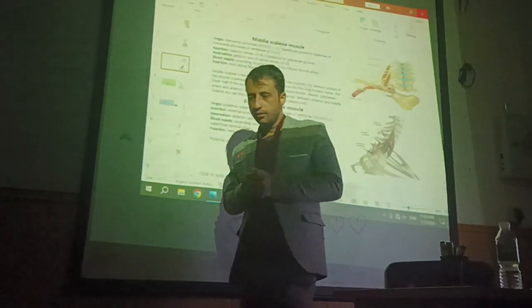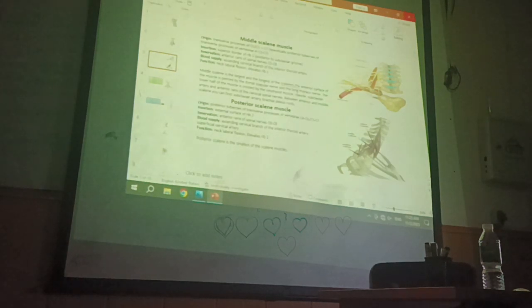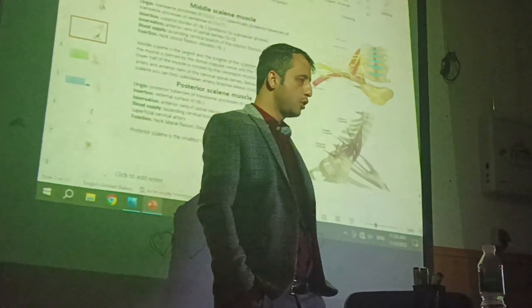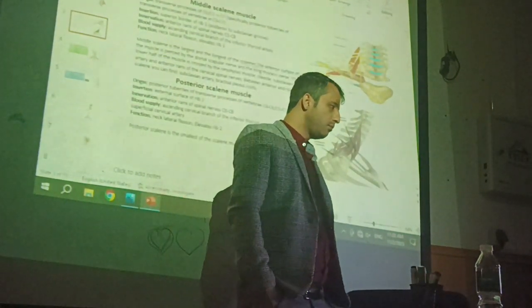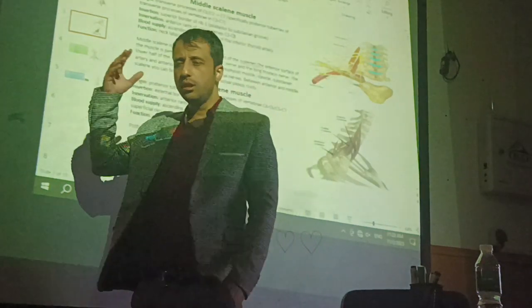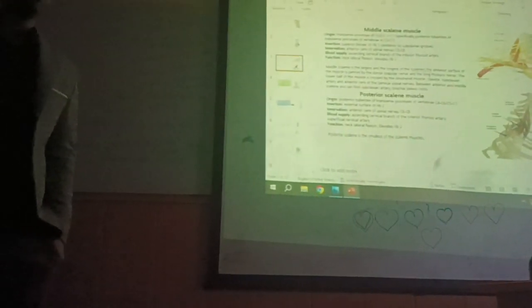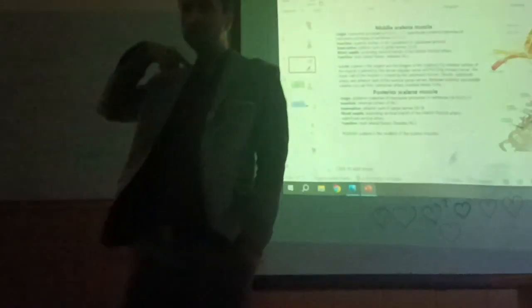Middle scalene is a large muscle. What are the origin and insertion of the middle scalene? Its insertion is in the thoracic area, on the first rib.